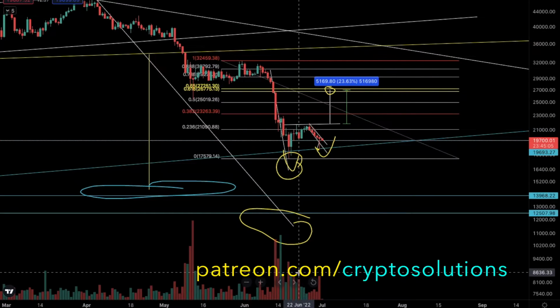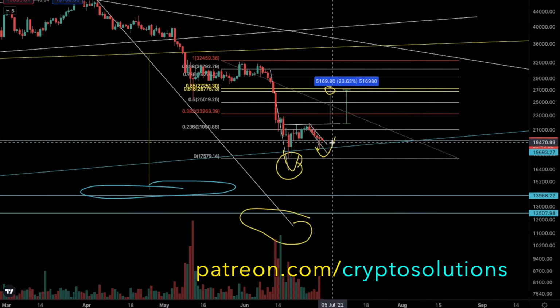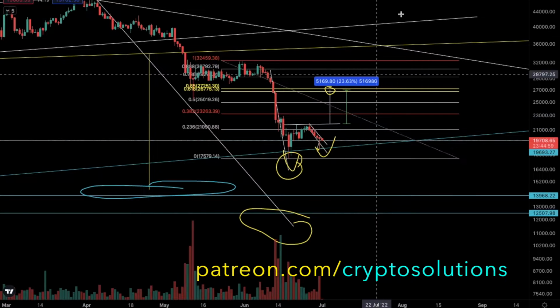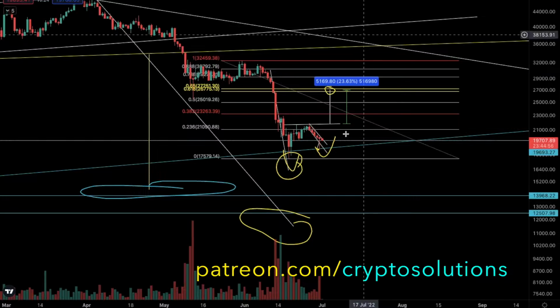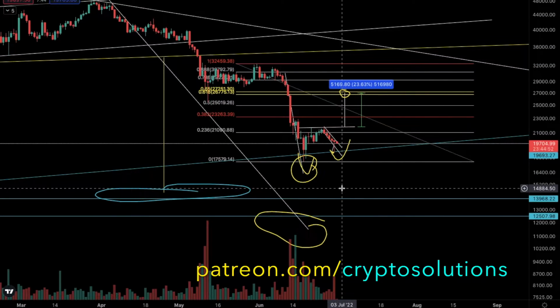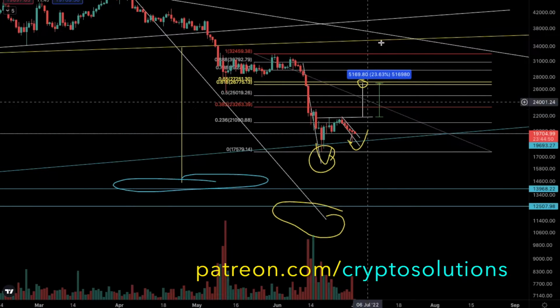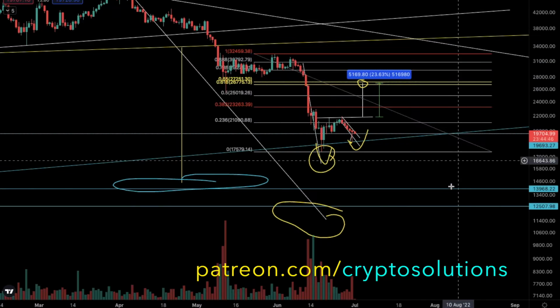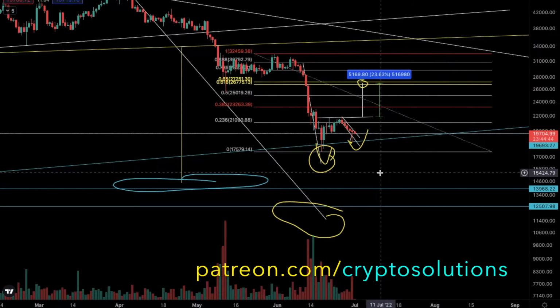So it's very important for that volume to be met and for this resistance to be broken. It will make a lot of sense that this will happen. But remember, this is not guaranteed. I'm just showing you the different scenarios. If this happens, this is almost guaranteed to happen because of the probabilities.